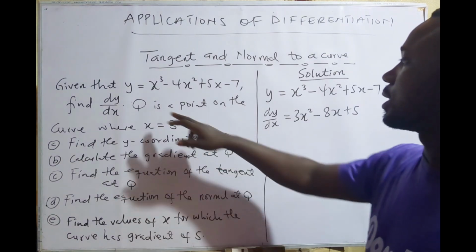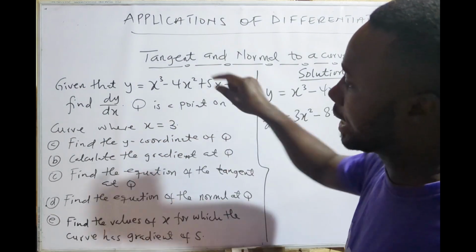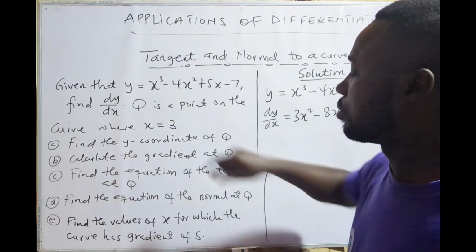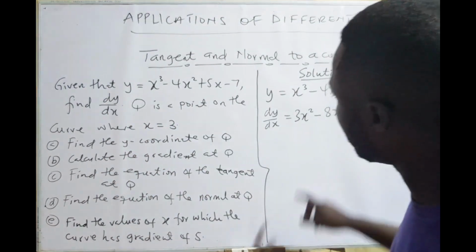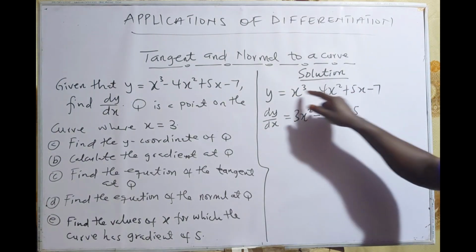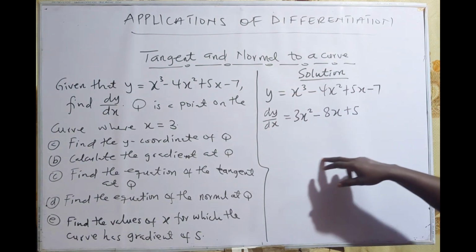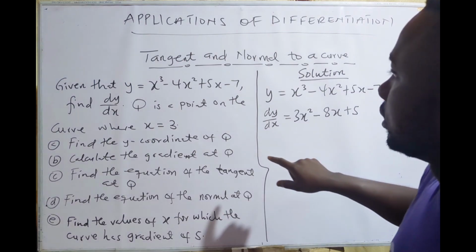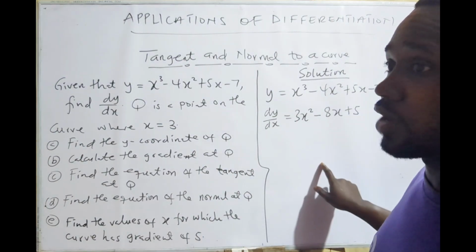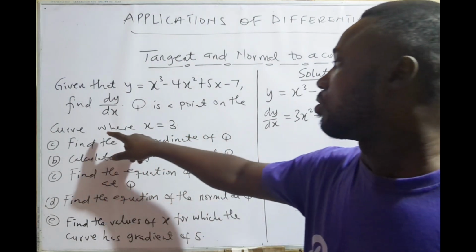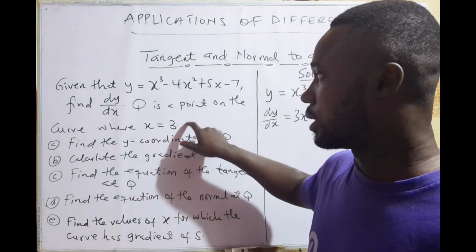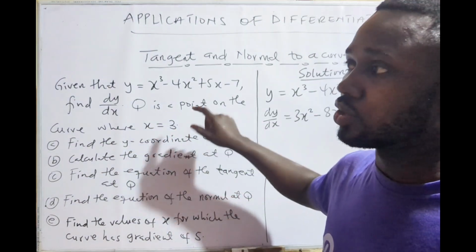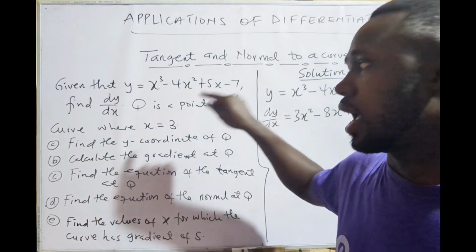And he's saying that Q is a point on the curve where x is equal to 3. So on the curve of this cubic function, there is a point Q, and at that particular point x is 3. So it's referring to a point on the curve where x is 3.